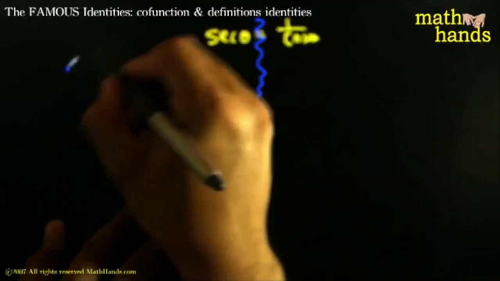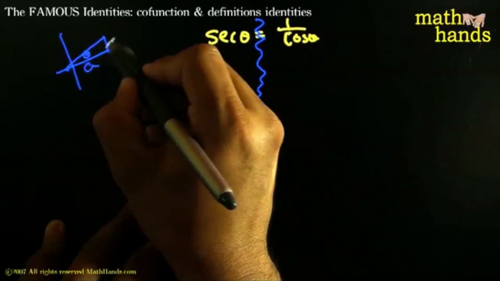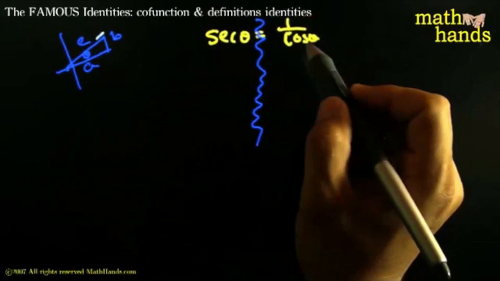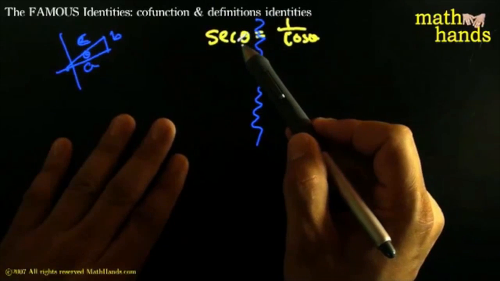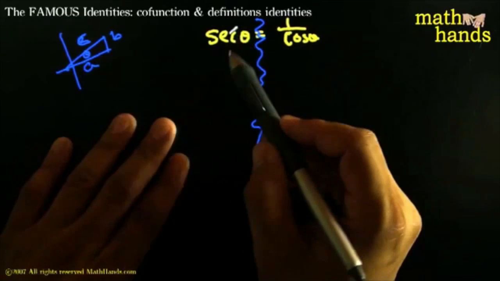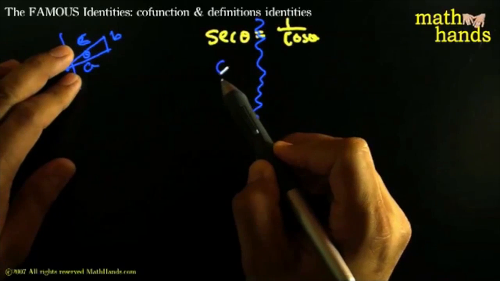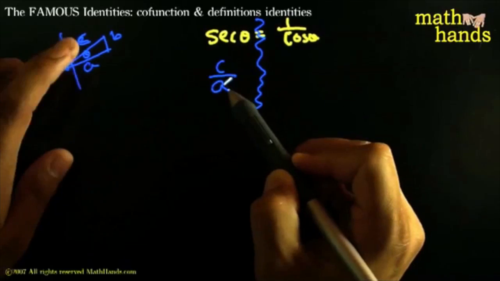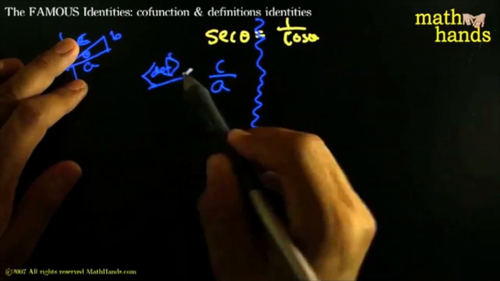I'll imagine a reference triangle, theta, and the sides could be A, B, C. And then you think to yourself, what is the definition of secant? The definition of secant is the inverted cosine, so it would be C over A, hypotenuse over adjacent. That's by definition of secant.